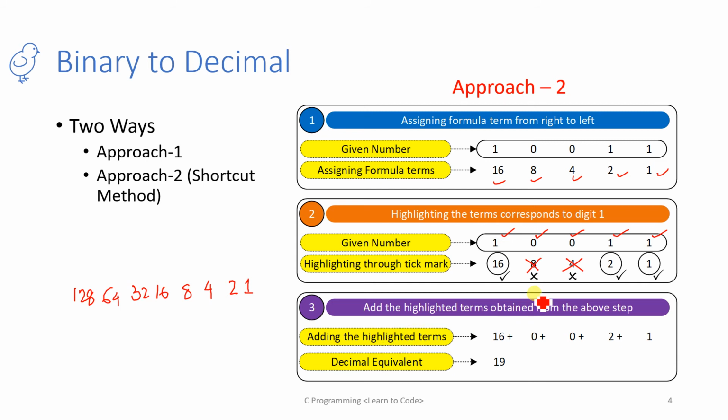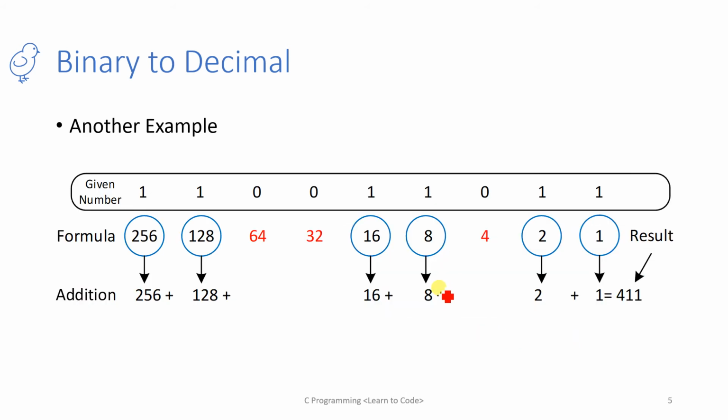Finally, in the third step, I add 16 plus 0 plus 0 plus 2 plus 1, which is nothing but 19. So this is the shortcut way to find the decimal equivalent of any binary number.